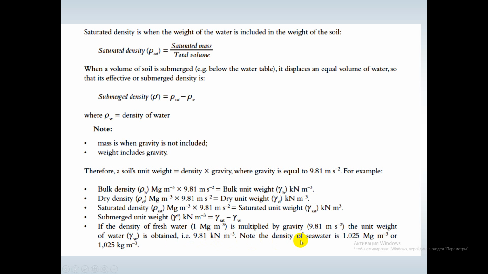Note the density of seawater is 1.025 megagrams per cubic meter, or 1,025 kilograms per cubic meter.